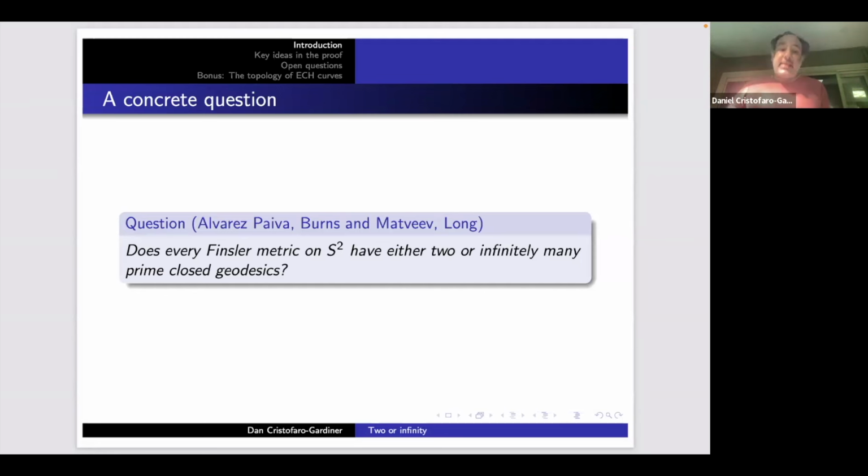So the question is, does every Finsler metric on the two-sphere have either two or infinitely many prime closed geodesics? So let me just say with prime, of course, once you have a closed geodesic, you can go around it more times, then you get, technically speaking, a different closed geodesic. So this is really just demanding that the geodesics are geometrically distinct.